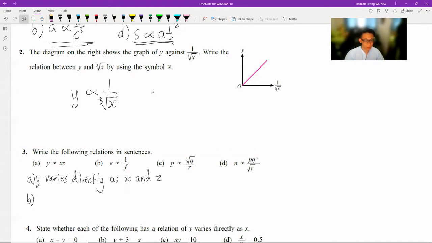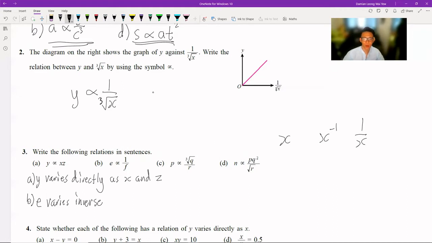Part B, E varies, this one is 1 over, which means varies inversely. E varies inversely. Whenever it's 1 over, it means it's the inverse. Inverse means power -1. So the inverse of x means x to the power -1, which is 1 over x.